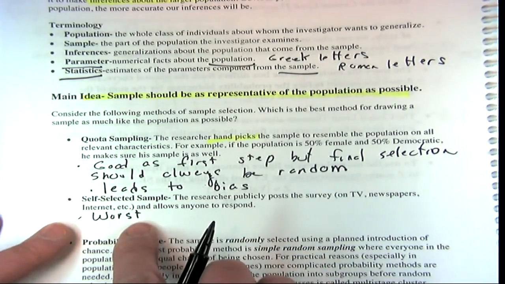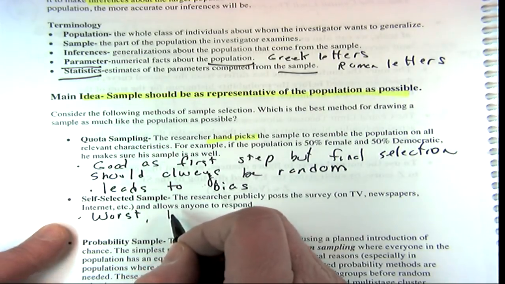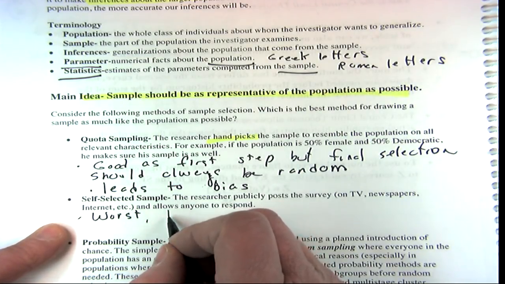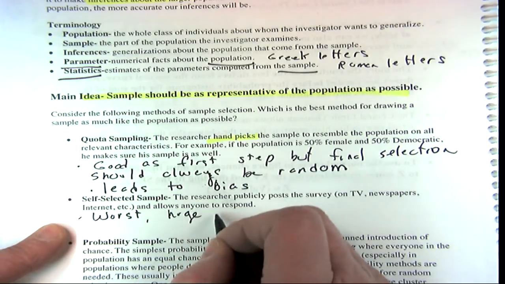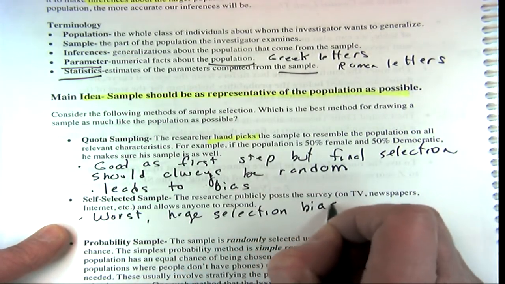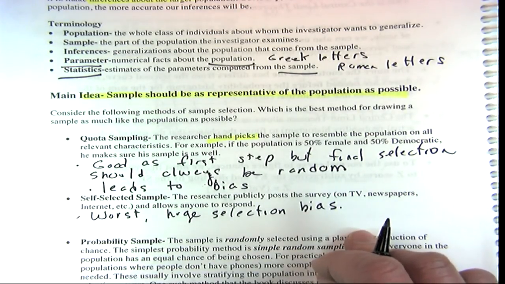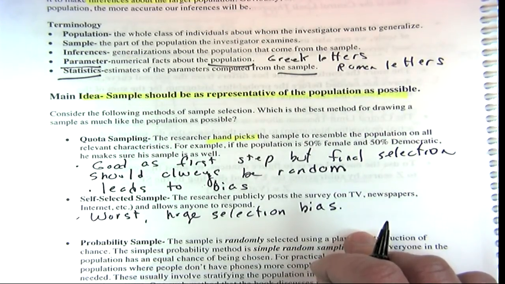Okay? So these are the worst, and they have tremendous self-selection bias, right? So there's a huge selection bias. For example, Fox News will say go to their site, so people who watch Fox News will go there and vote a particular way. People who feel very strongly about an issue go there.